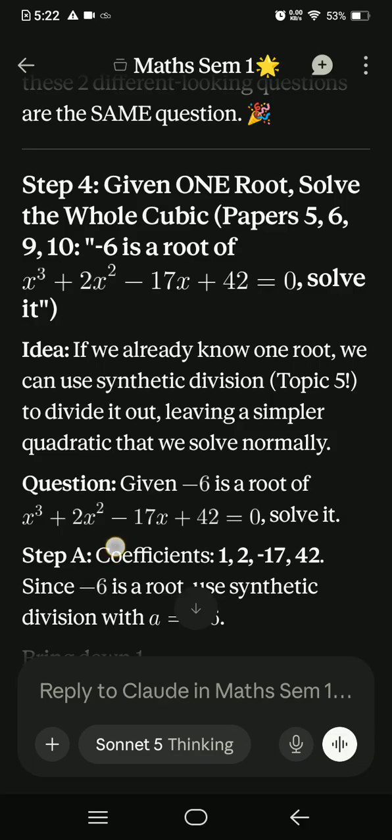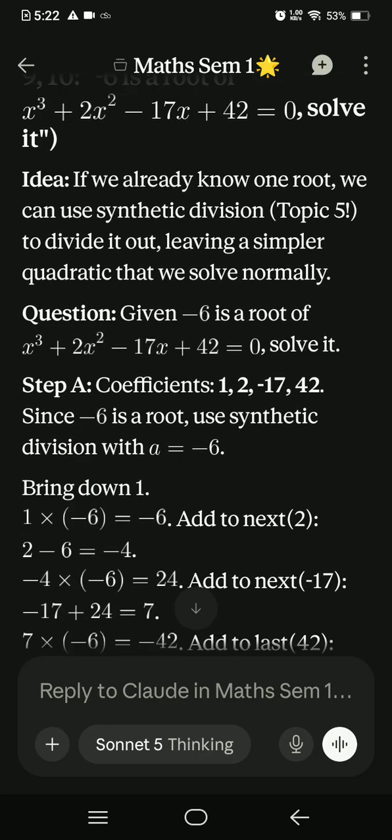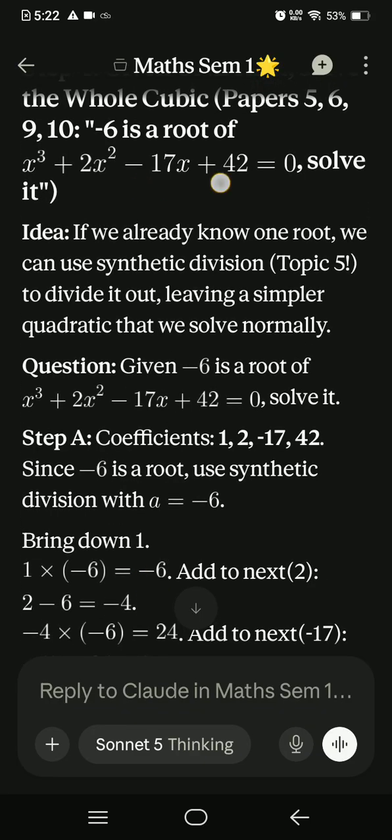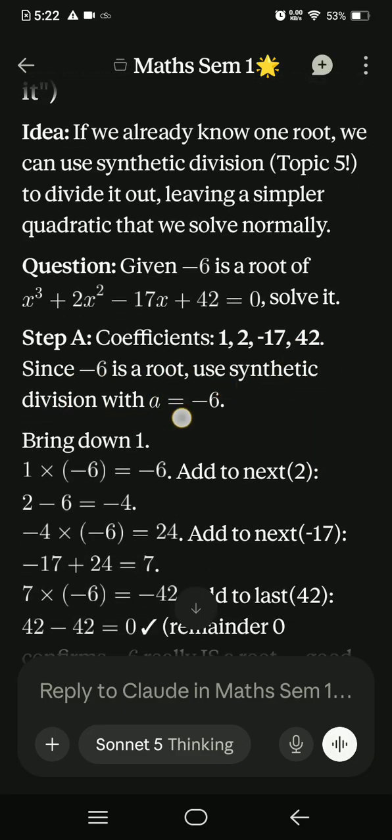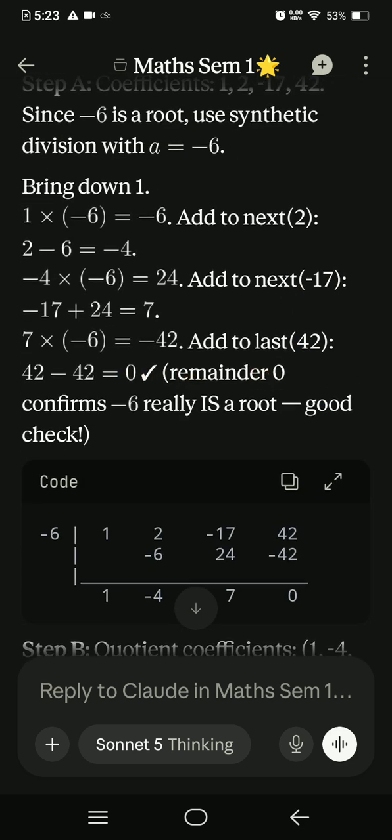So given minus 6 is root, then remainder is 0. Coefficients are 1, 2, minus 17 and 42, and minus 6 is the root, so a is minus 6. Use synthetic division with a equals minus 6 and we get 0 as remainder. Confirms minus 6 is the root.